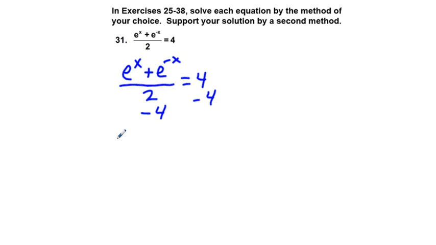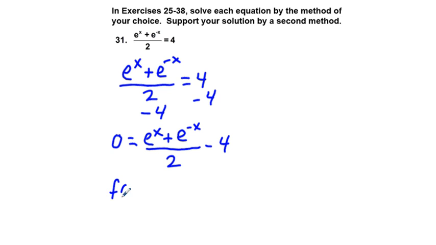So we get 0 equals e to the x plus e to the negative x over 2 minus 4. And we're going to make this f of x to make it graphable, solving by graphing using the x-intercept method.